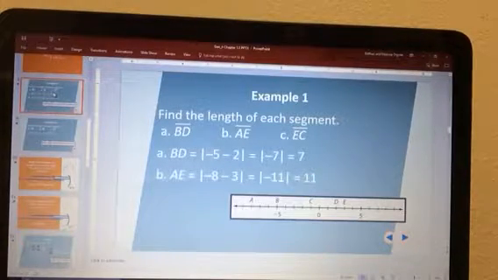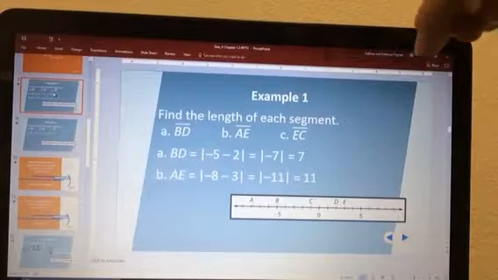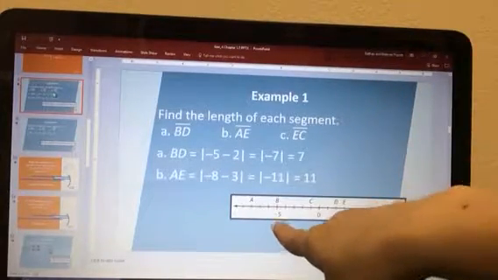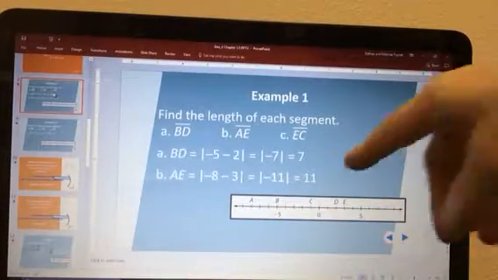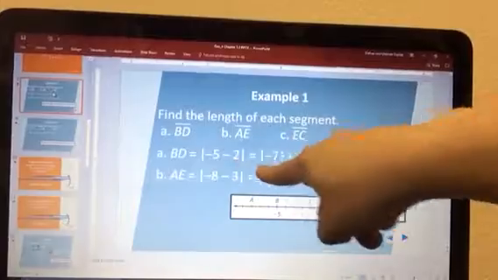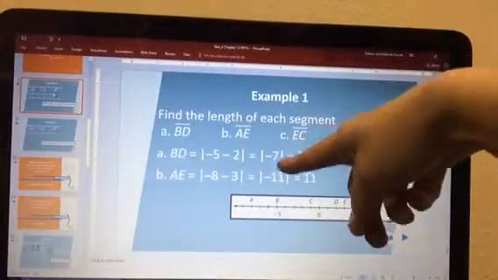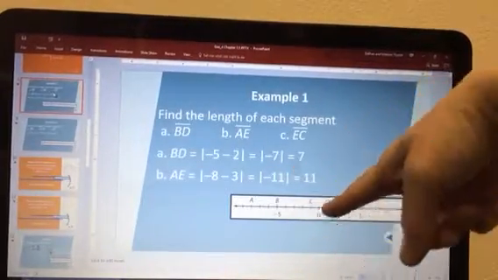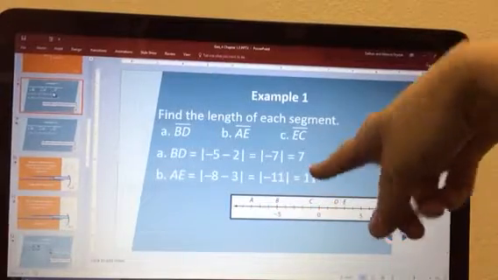The way I find the length of line segment BD is I write my absolute value bars, and inside the absolute value bars I say -5 minus 2. Well, we know that when numbers have the same sign, we combine them and give it that sign. So I end up looking for the absolute value of -7, which is 7. That becomes the length of line segment BD, 7.